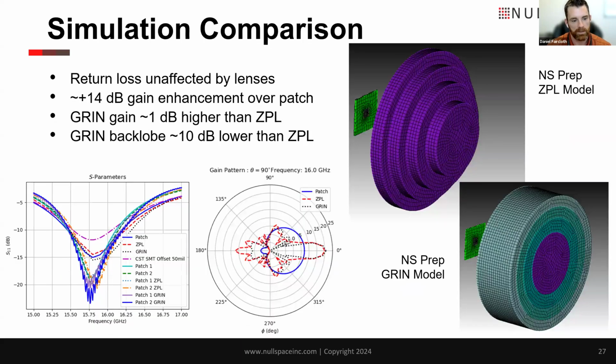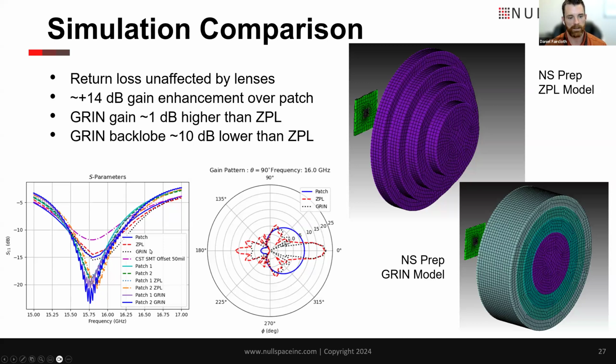And if we just hop to the end of the story, if you will, we first started by performing a simulation of just the patch antenna by itself. Got some baseline data for that. So we know the patch antenna, as we can see here on this middle polar plot, the patch antenna gain is about 7 dB, fairly typical for a patch antenna.